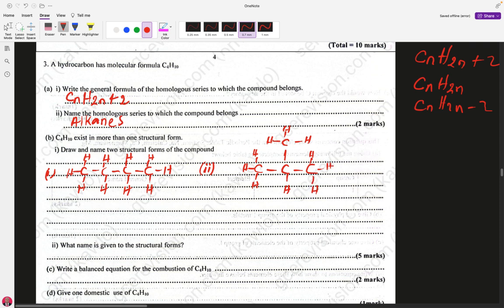Now, if we want to name these structures, let's see the principle of naming.